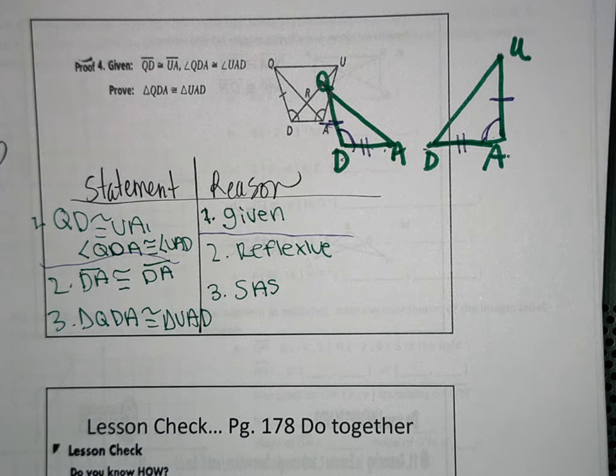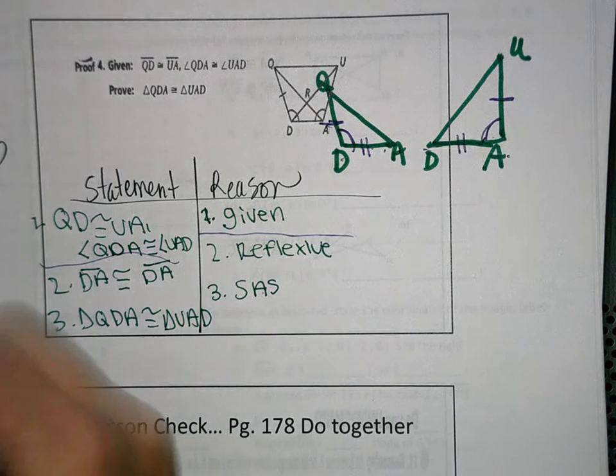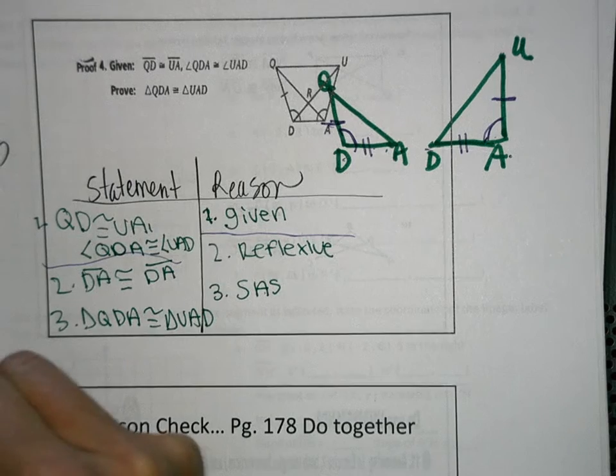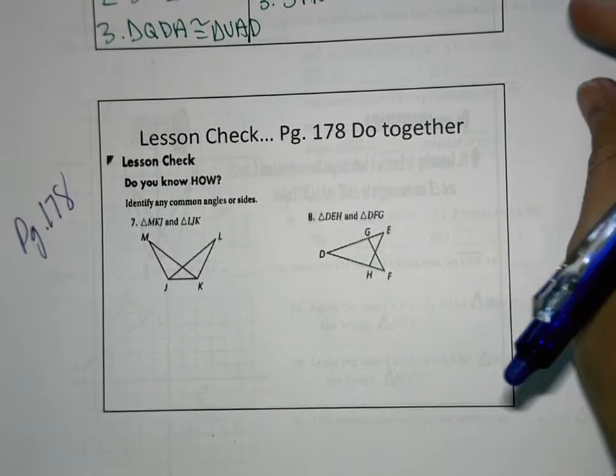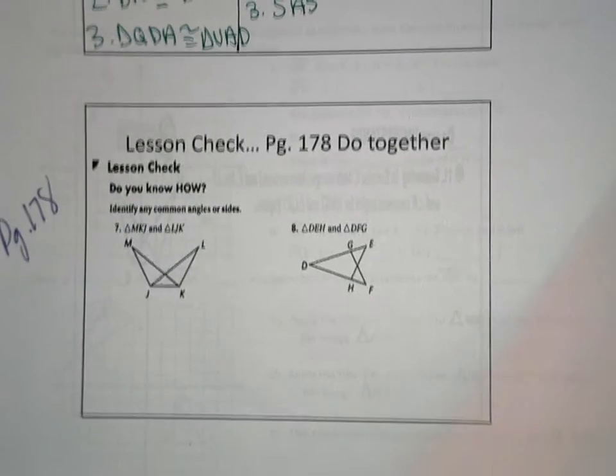Lesson check, page 178. We are going to do these together. The first thing I want you to do is separate those two triangles and write the side that they share. So number 7 and number 8. Let's start with number 7.